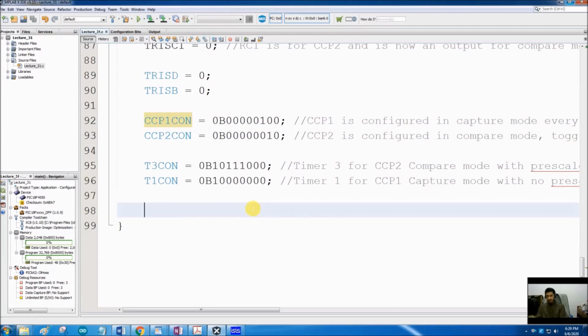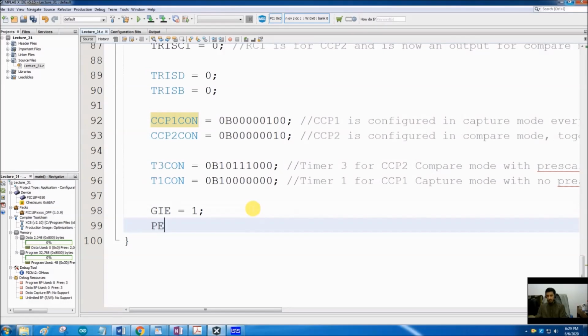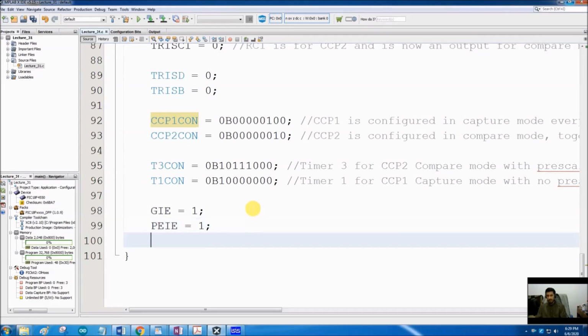To enable interrupt for any peripheral, we have to enable the global interrupt, enable the peripheral interrupt, and then enable the specific interrupt for that particular peripheral. CCP1IE is equal to 1. So now the CCP1 interrupt is enabled for capture mode.